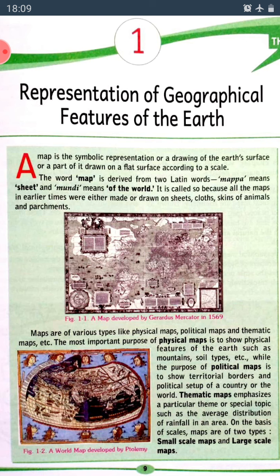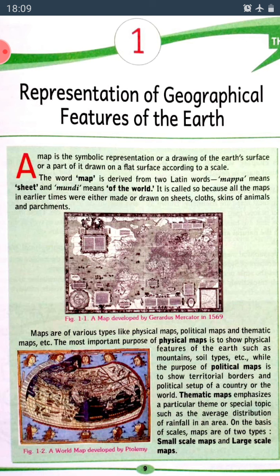It is so called because in the early time the maps were made on sheets, clothes, skin of animals, because the advancement of the paper was not done at that time. The people didn't know how to make paper, so they drew the map on sheets or clothes.